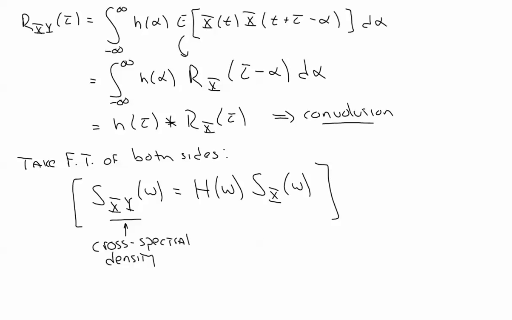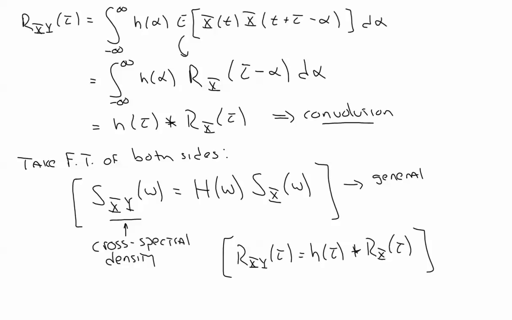I'm not going to get too deep into this, but my cross spectral density is just the product of the transfer function times the power spectral density of the input. This is a general relationship, and my result a little higher is a key result. This one is also general.